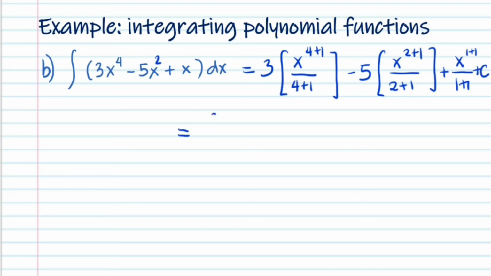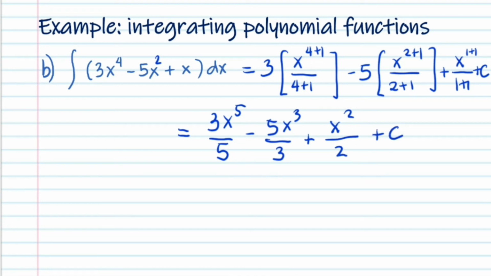Then we have 3x to the 5th power over 5 minus 5x cubed over 3 plus x squared over 2 plus c. And that's it.